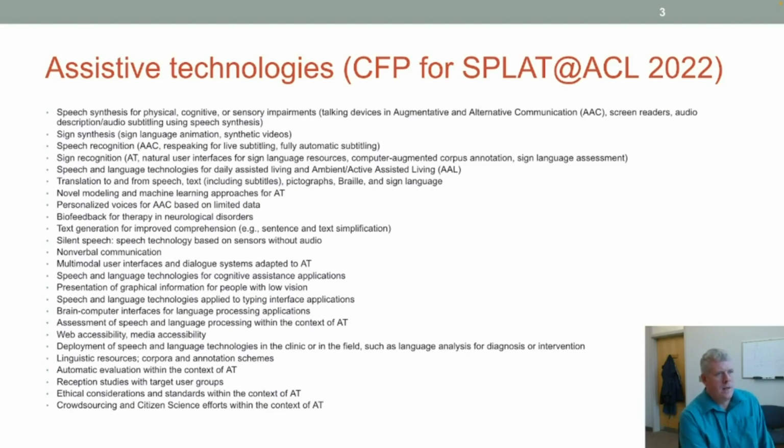You can see just looking at the call for papers here for this conference, speech synthesis for physical, cognitive, and sensory impairment, sign synthesis, sign language automation, all sorts of stuff in here. Silent speech, like we mentioned in a previous lecture, brain-computer interfaces for language processing applications. Anyway, so this field of speech processing and synthesis is really advancing quickly.